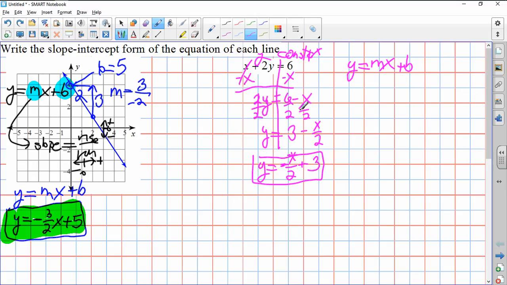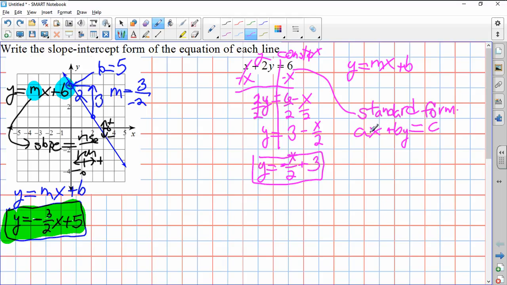By the way, class, this right here is called standard form. So they gave us the equation in standard form. Standard form looks like this: ax plus by is equal to c.